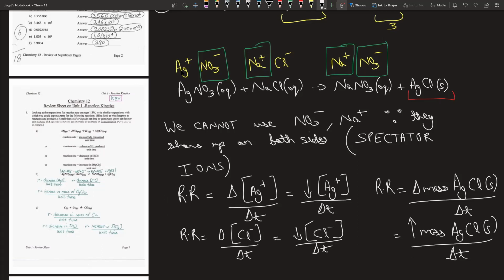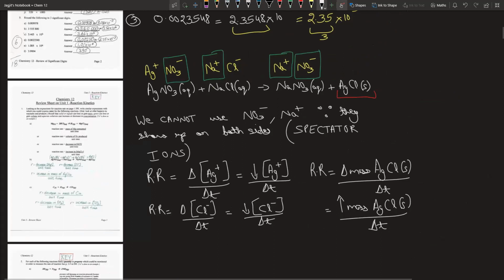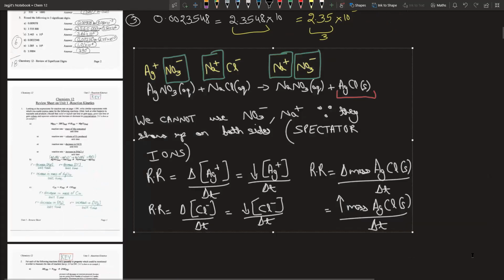So the concentration of Ag plus goes down, the concentration of Cl minus goes down, and it becomes the mass of AgCl. That's why you can use decrease in concentration for that, decrease in concentration for that, and increase in mass for that. Pretty simple, correct? Once you understand the concept, it's fairly straightforward.